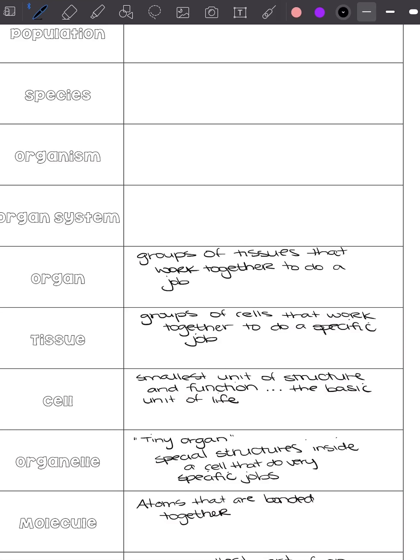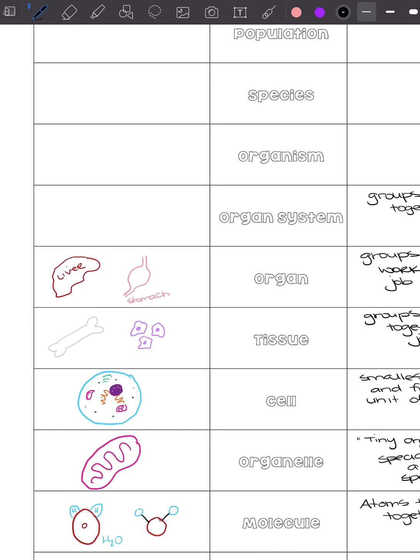Organ system. These are groups of organs working together. What do I want to draw here?